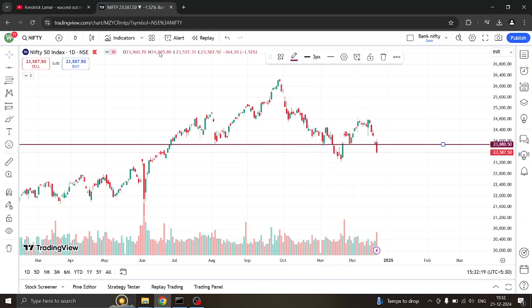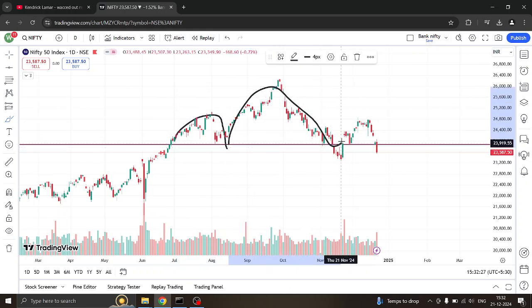As you can see, we have our left shoulder here. This is the left shoulder. This is the head, and this is the right shoulder. As you can see, this was a very small right shoulder here, but we are updating it due to its size.